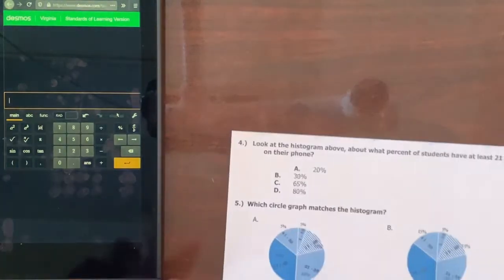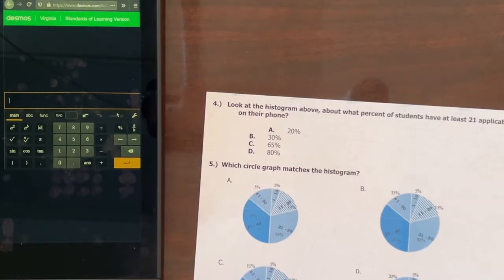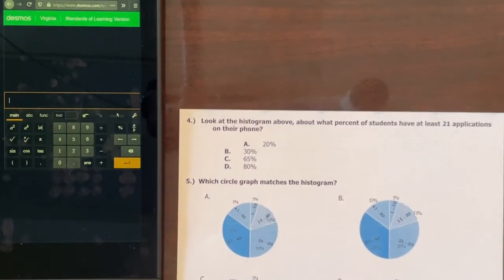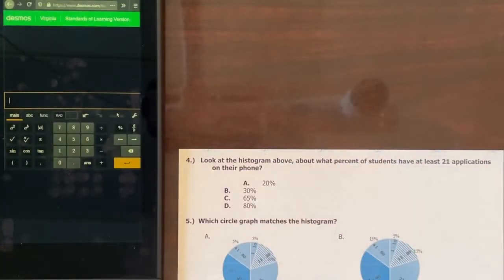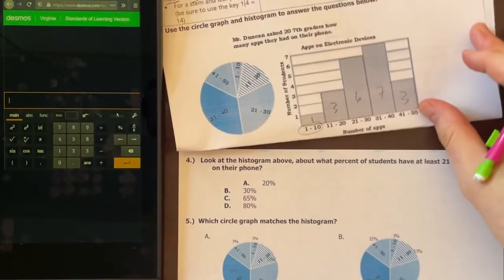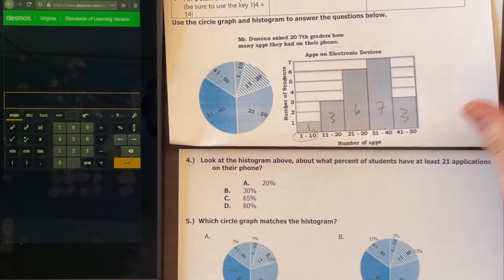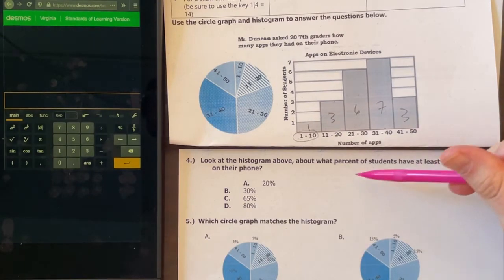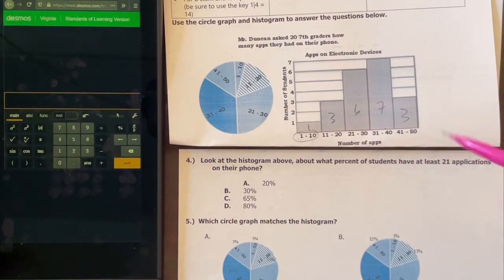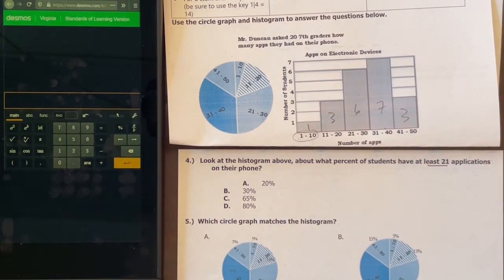All right. Still working with those histograms. So let me fold this over so that we can still use it. It says, look at the histogram above. What percent of students have at least 21 apps on their phone?